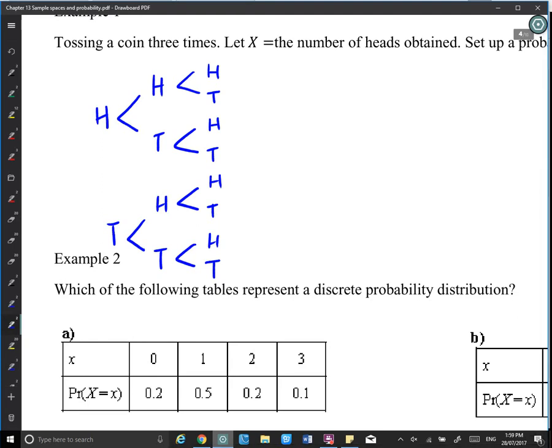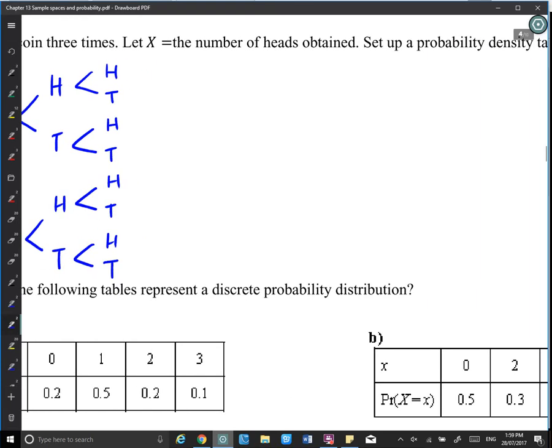Each outcome will have 1/8 of the probability.